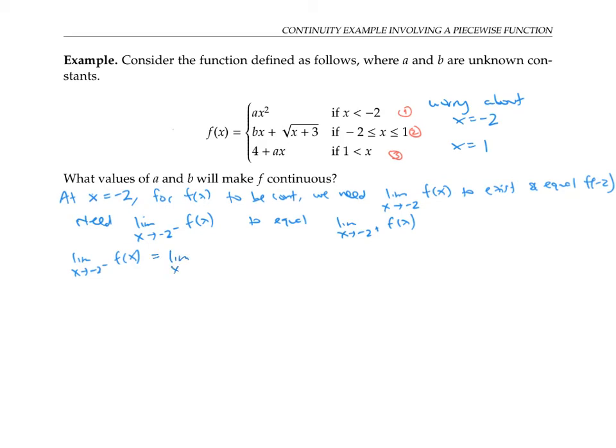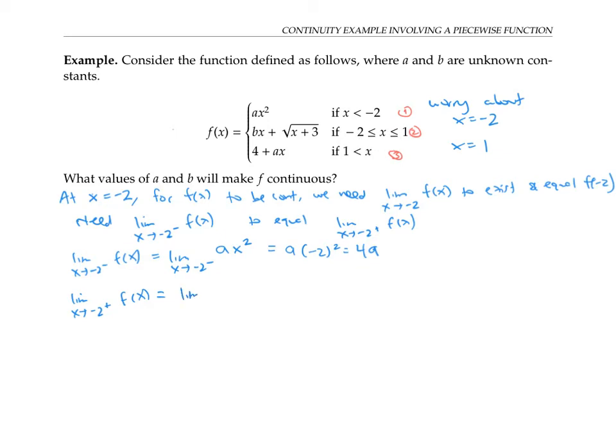So let me copy down that rule. That's ax squared, and we can evaluate that limit just by plugging in -2 for x. A times -2 squared, which is 4a. On the other hand, if we're evaluating the limit as x goes to -2 from the right, then that means that x values are slightly bigger than -2, so we need to use Rule 2.